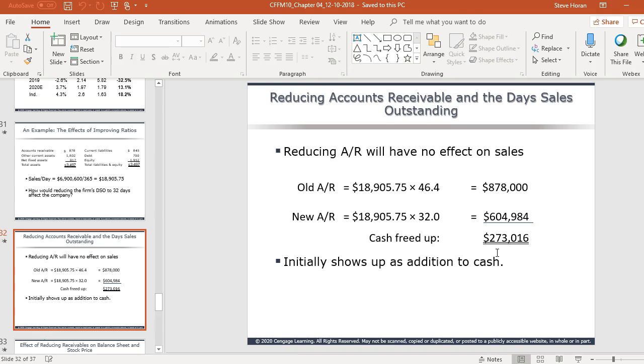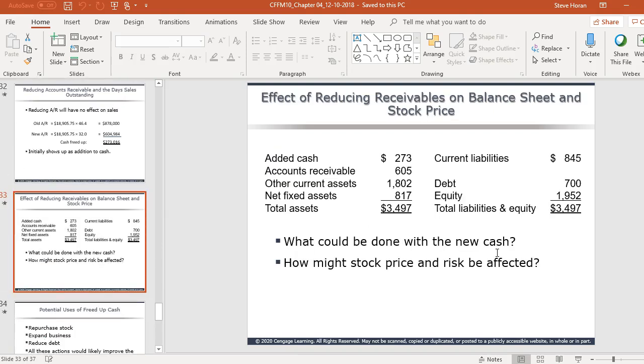So one key is I get more firm with my collections, but I don't alienate my customer, right? So I work very closely with them. I warn them. I say, I'm going to start giving you a penalty. I'm going to give you a chance to pay me on time before I give you the penalty. But that's very important too.